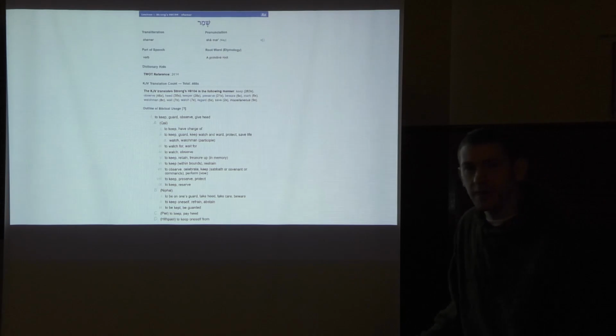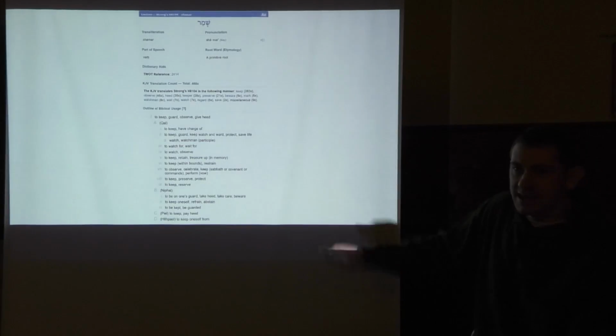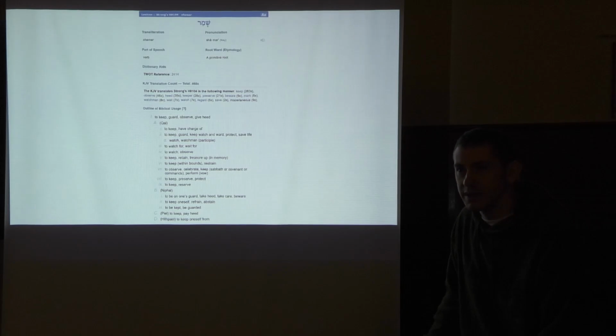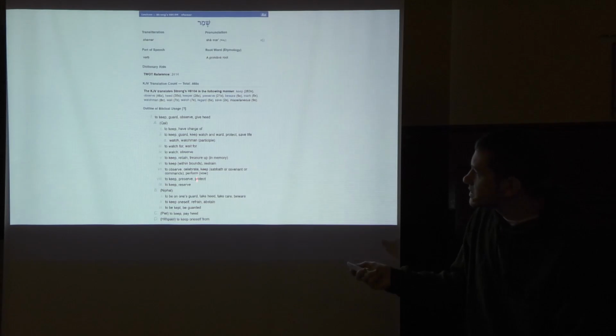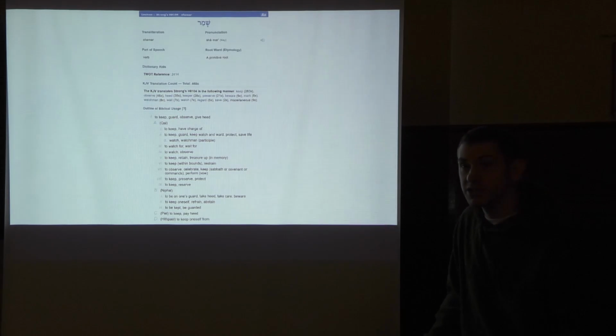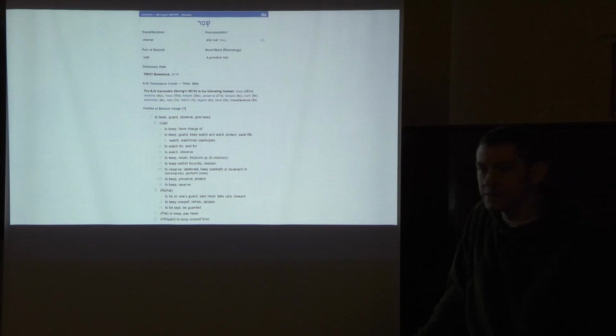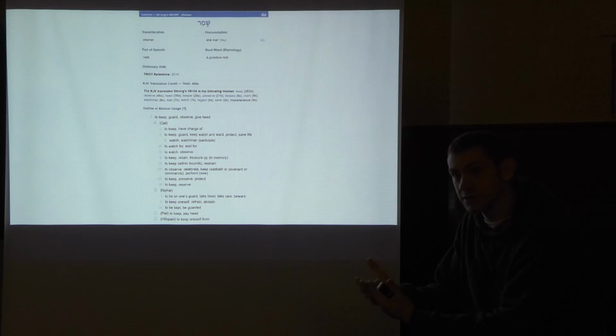What you need to bear in mind when you read in the Strong's, this list here isn't a list of definitions of the word, okay? This list here is an outline of biblical usage, so how it's used in whatever particular translation the Strong's is coded into. So it doesn't mean this is an exhaustive list of everything that this word can mean. It just means that in that translation, that's how it's translated.